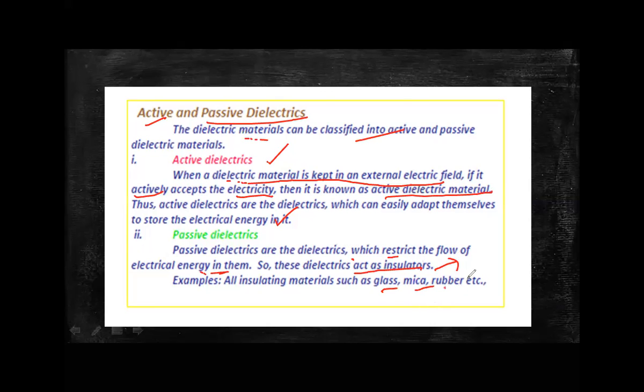Glass, mica, rubber don't conduct at all. But water, H2O, does conduct in the presence of an electric field. That is called an active dielectric. But rubber, even if you place it in the electric field, doesn't conduct. So that is passive.